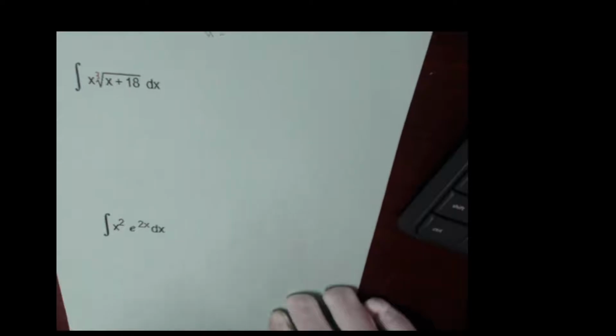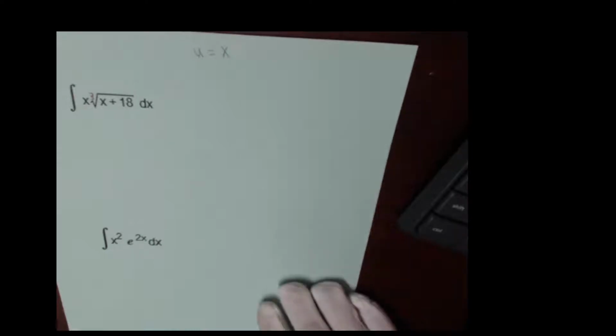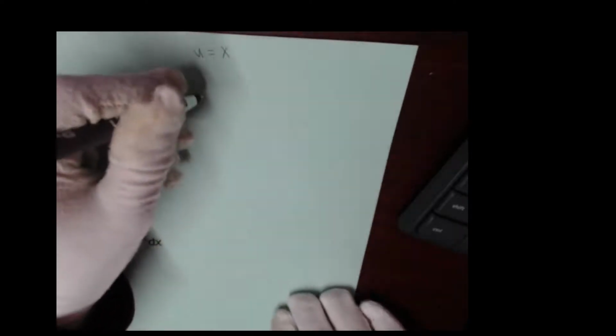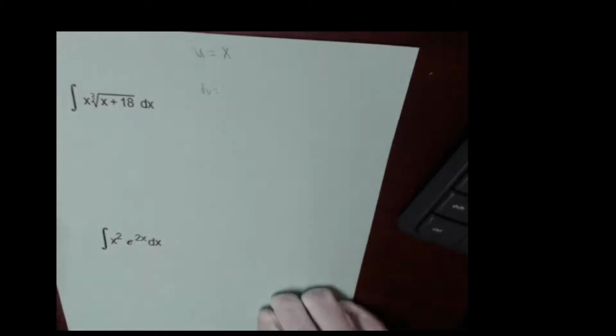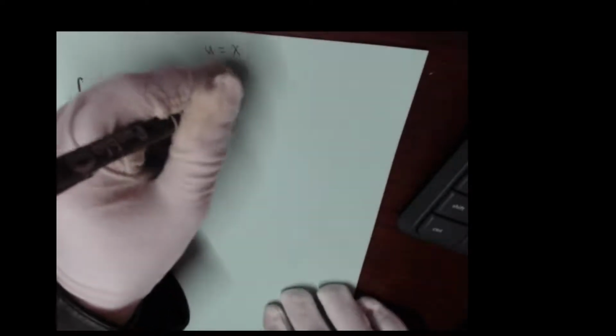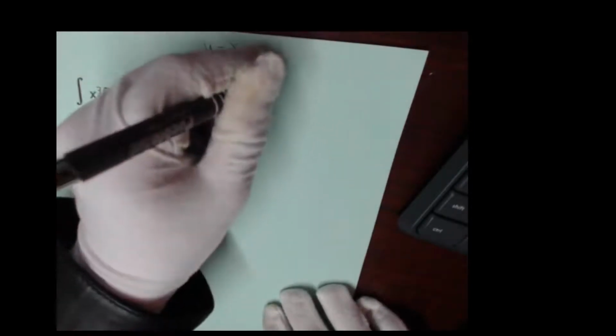All right, we need to pick u. And so u, in this case, is best if it equals x. We then need to pick dv. And in this case, dv is best if it equals x plus 18 to the 1/3 power.